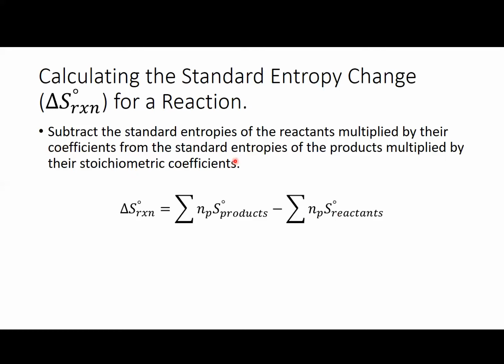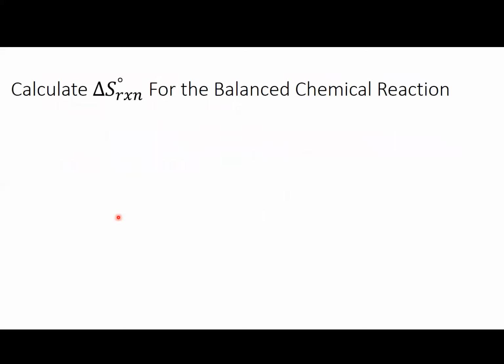Stoichiometric coefficients are these things, n. You'll see it, it's pretty straightforward in a real example, which is what we're going to do next. These Greek capital sigmas represent summations, so we're going to sum these things over the number of things that are in it. And then we get this delta S of reaction out.